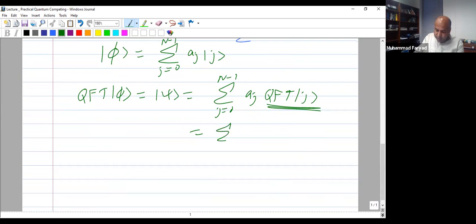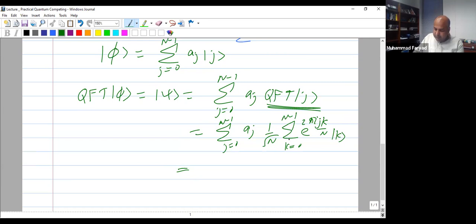This will become sum over j from 0 to n minus 1, aj, 1 over square root of n, sum over k from 0 to n minus 1, e power 2 pi iota jk over n, sum over k.